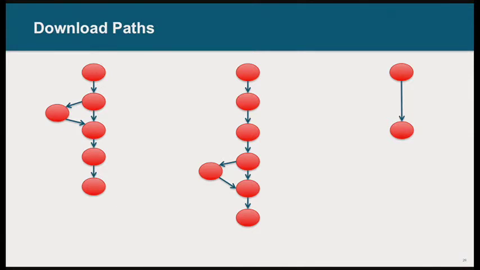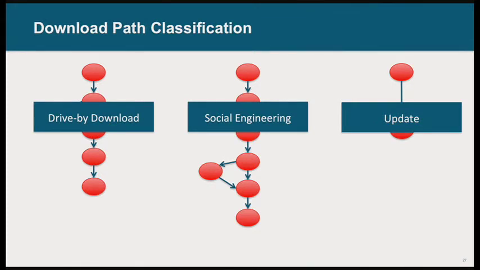And we extract features from these paths, and our goal is to label these paths as either drive-by download, social engineering, or update. In the case of drive-by download, what we're looking for is the user was not aware that a binary was downloaded to their system, so it was something automatically that triggered their system to download this and install this malicious binary.